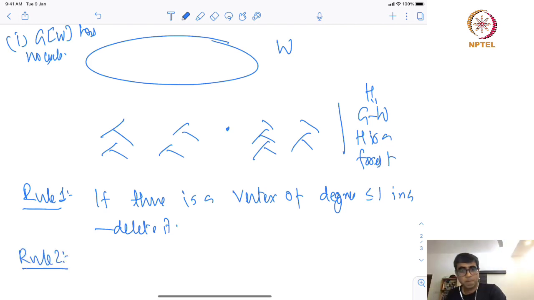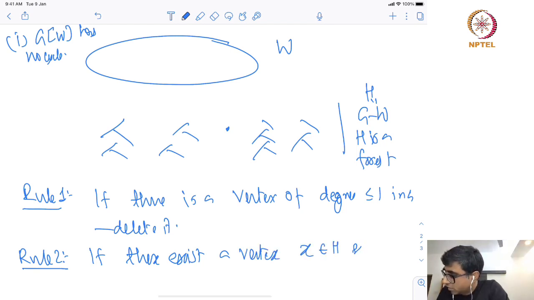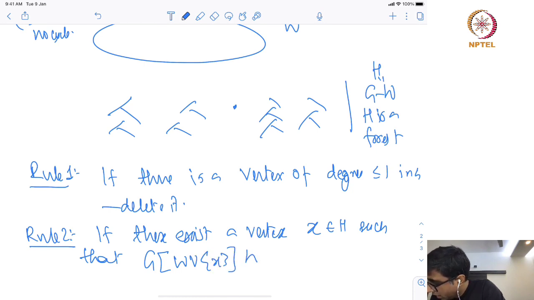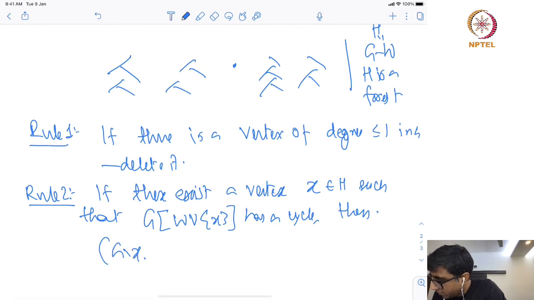Rule 2: if there exists a vertex x in H such that the graph induced on W union X has a cycle, then we delete X from G, remain W, and the parameter becomes k minus 1.